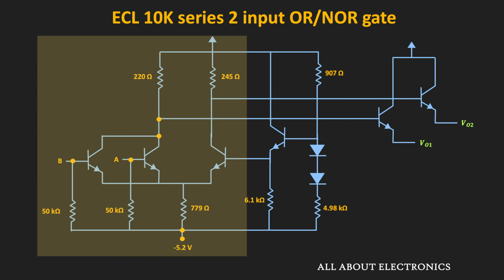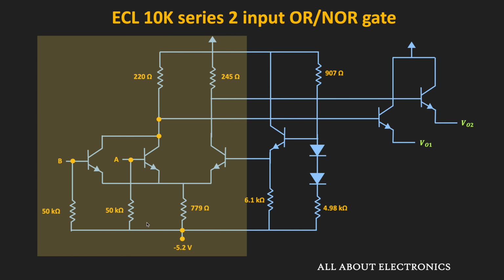Since it is a 2 input gate, A and B are the 2 inputs. And these 2 transistors are connected in parallel, so that it can perform the OR and the NOR operation. These 2 transistors are the input transistors, while the third transistor is the reference transistor. And these 3 transistors form the current steering switch.